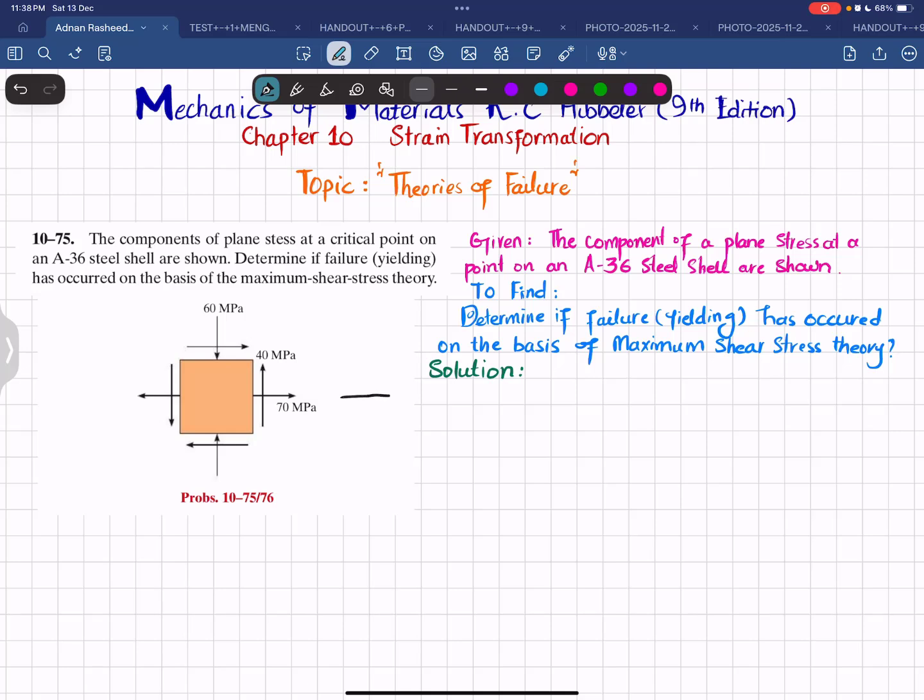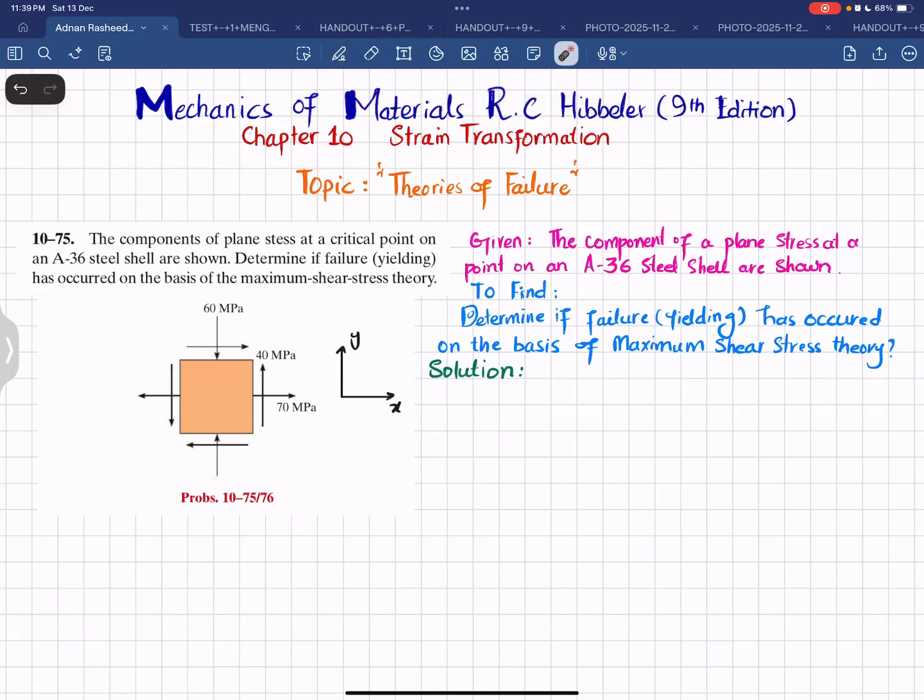So what we are going to do is take this direction as the positive x axis, and this direction as the negative x axis. You can see this edge is perpendicular to the x-axis, so the stress acting over it will be represented as sigma xx.